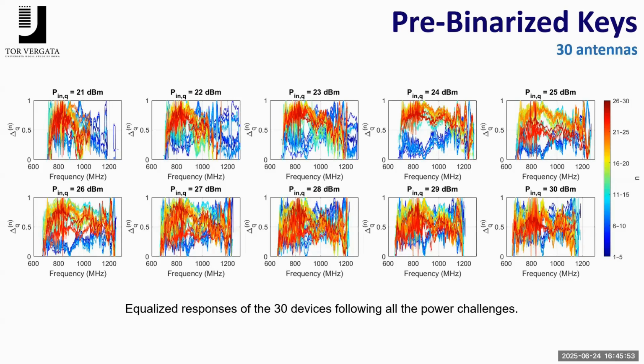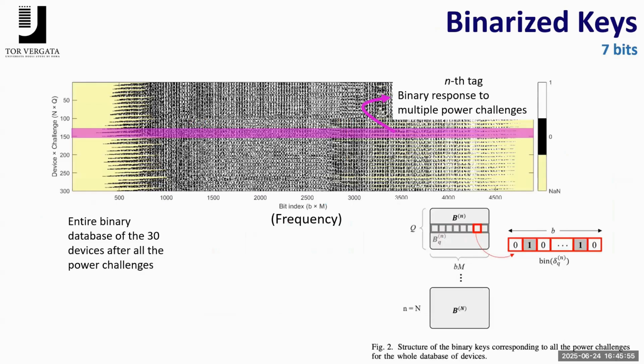Now we can perform digital encoding, and finally we have the PUF database on my system, where 1 is encoded by a white pixel, 0 by a black pixel, while yellow means that for the combination of power and frequency, we don't have any response from the antenna because the power collected is too low.